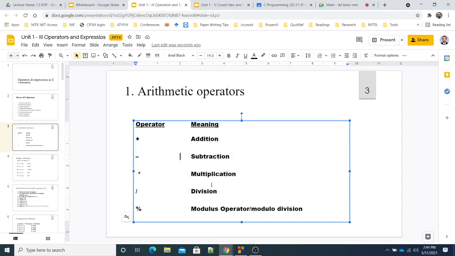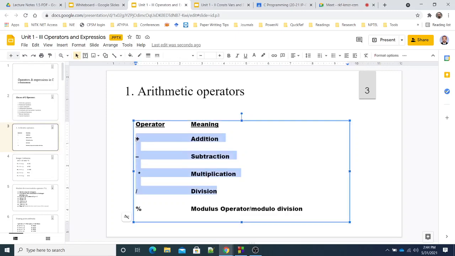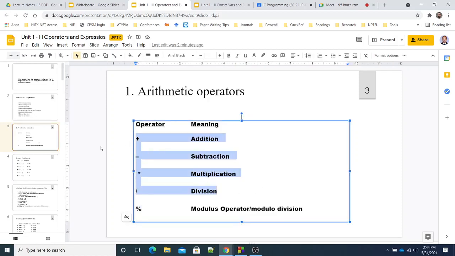Integers we represent by creating variables using int, and real number variables we create using float or double. So operators act on numbers primarily. And there is another operator called the modulus operator. Since these are familiar, we will not spend much time on them.